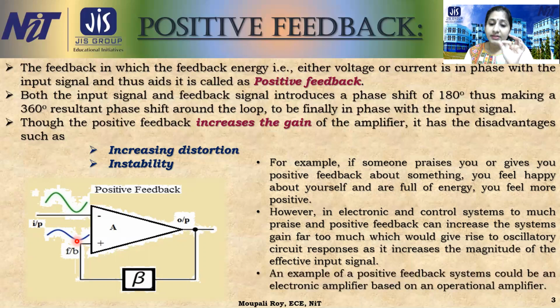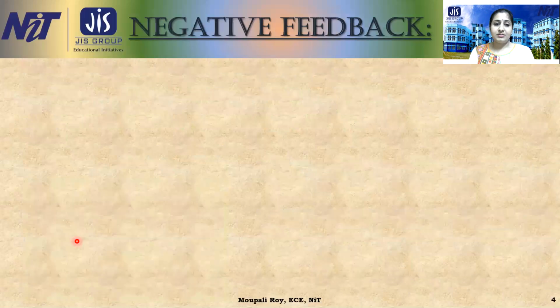An example of a positive feedback system could be an electronic amplifier based on an operational amplifier. When we use an oscillator, positive feedback is needed with some limitation. As I mentioned, positive feedback is also acceptable but with some limitations.